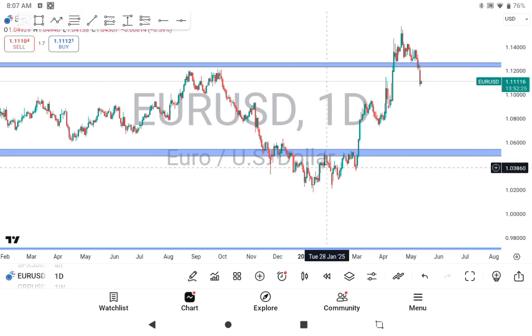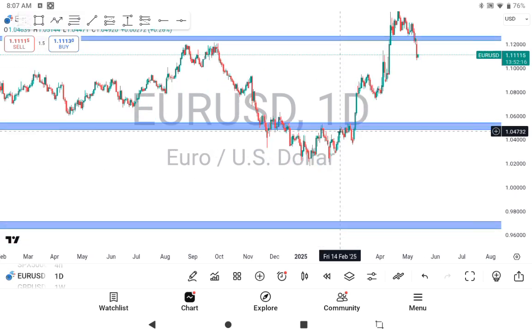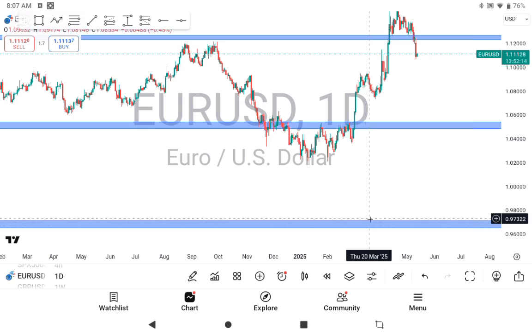Price pulled back, turning previous level of support to resistance, and we expected Euro USD price to sell down to this support level. By now, if not that Euro USD price pushed up, by now Euro USD would be somewhere around here, definitely.